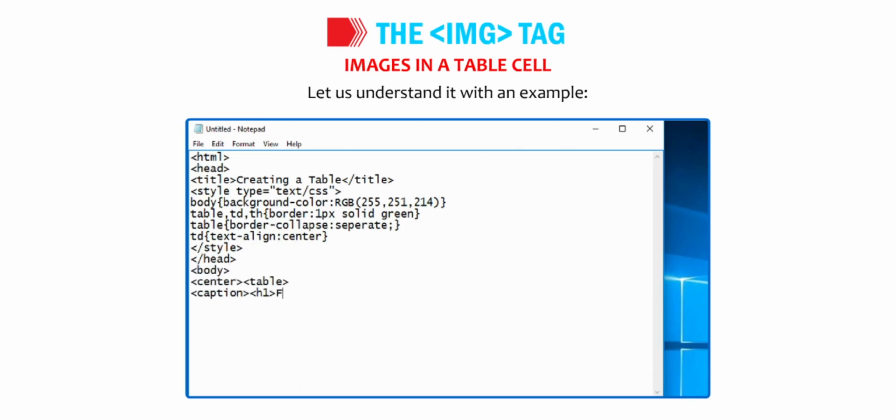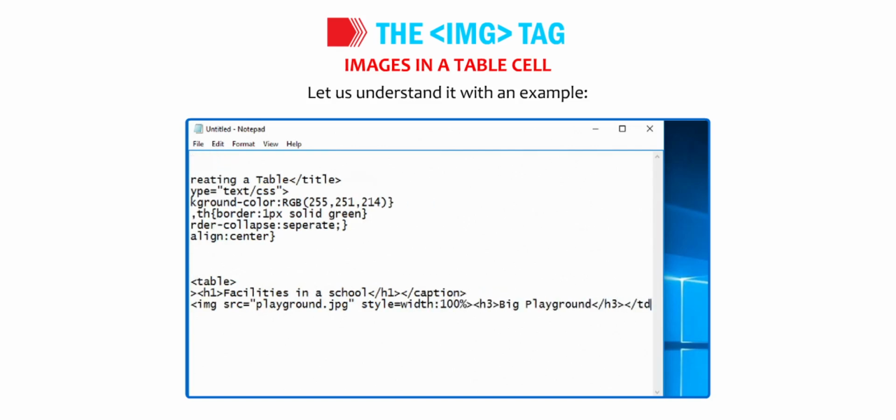Caption H1 facilitates in a school /H1 caption. TR TD image src equals to double quote playground.jpg double quote close style equals to width colon 100% h3 a playground /h3 /td.